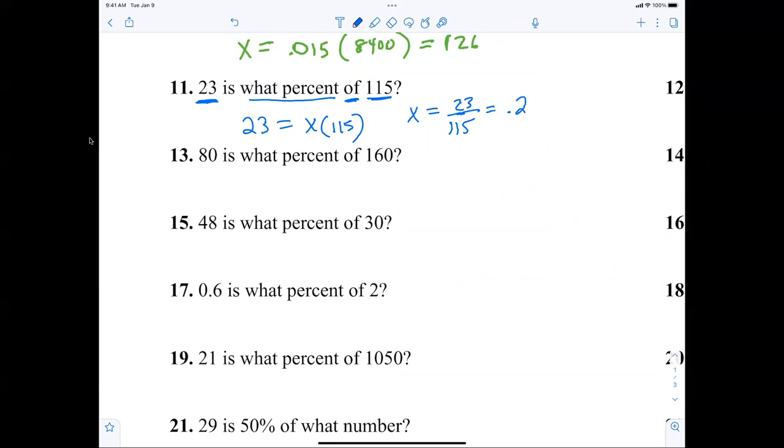No. So 0.2 is the same as what percentage? Move it 2 places to the right. What would it be? Move it 2 places to the right. Right? Because the decimal is here. It's right here. Once, twice, 20%.